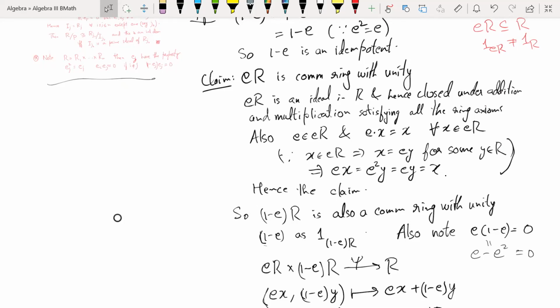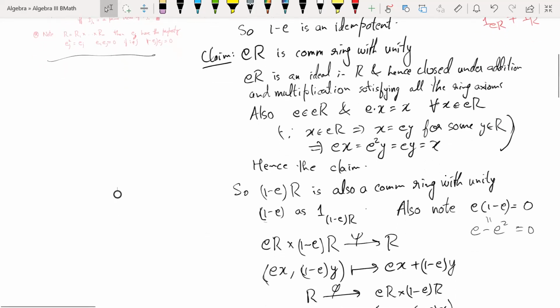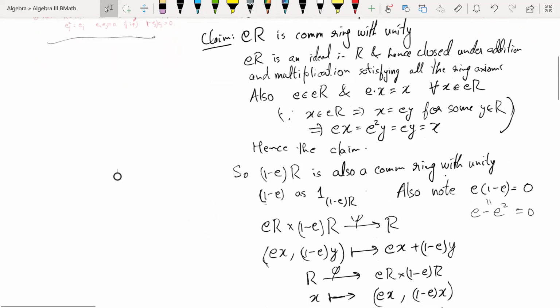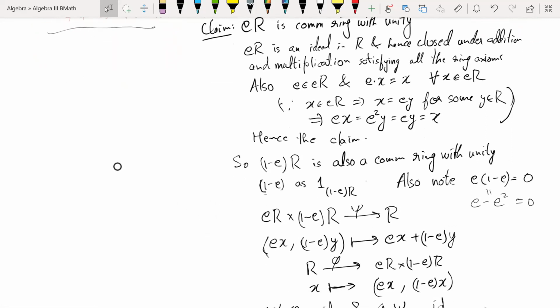One has to check that C is a ring homomorphism and bijective. Bijective we will check by giving a map in the other direction as well. So we want to give a map from R to ER times 1 minus ER. And what is the map?